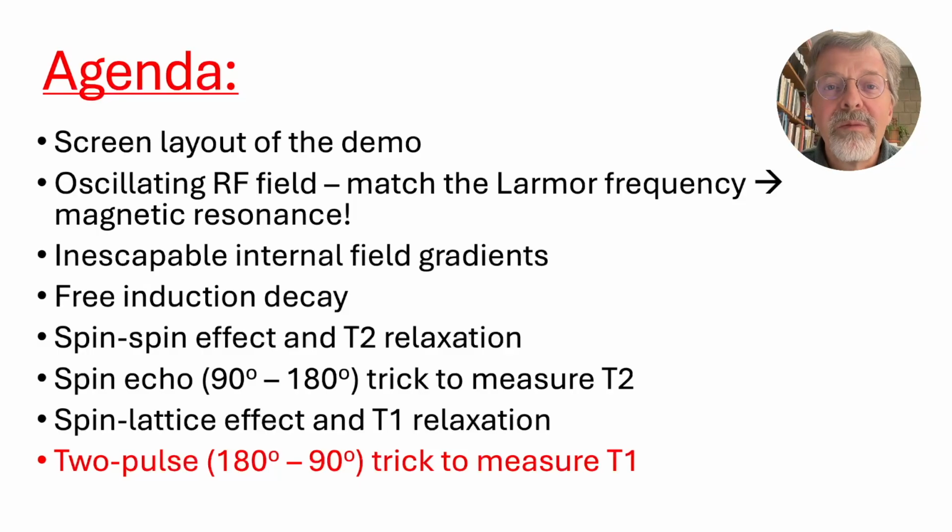But we want to actually measure to what extent the spins have gone back to their original direction. So the game is we're going to apply a 90 degree pulse at a time of our choosing, and that will put the magnetization into the XY plane, and that will give us a signal that we can measure. And by changing the time intervals of that second pulse, we can map out the exponential T1 response.